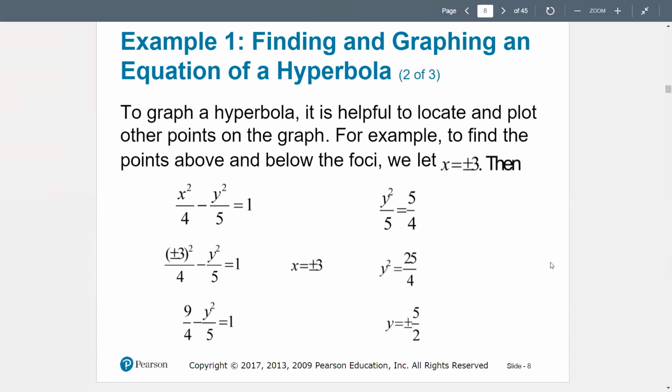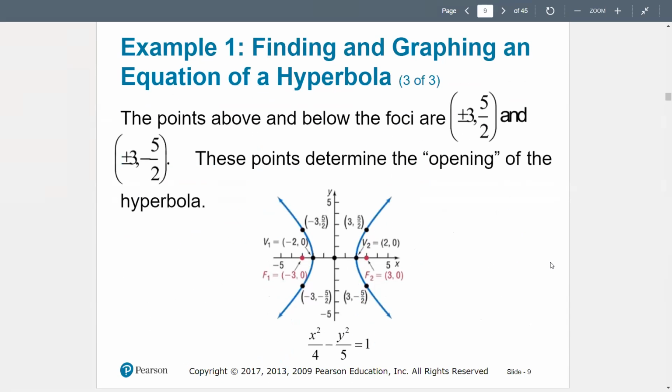The points below the foci are plus or minus 3, and we get 5 over 2 as the y, or we get -5 over 2 as the y. And then you can take a look at the hand-drawn hyperbola.